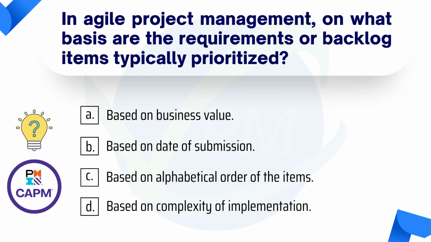So in Agile project management, on what basis are the requirements or backlog items typically prioritized? Is it A, based on business value, B, based on the date of submission, C, based on the alphabetical order of the items, or D, based on the complexity of the implementation?